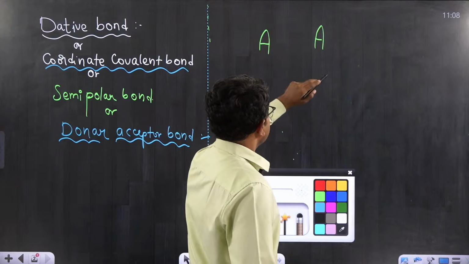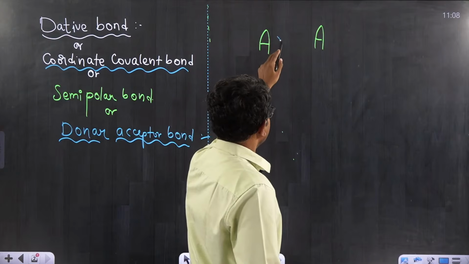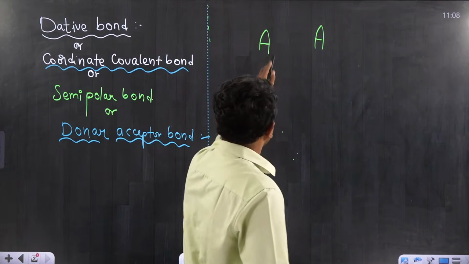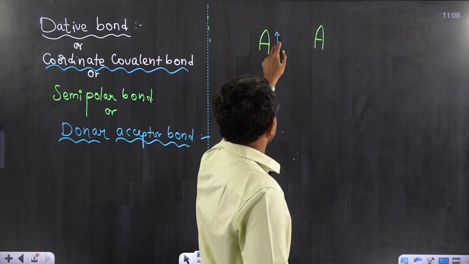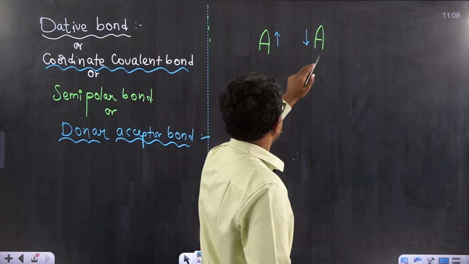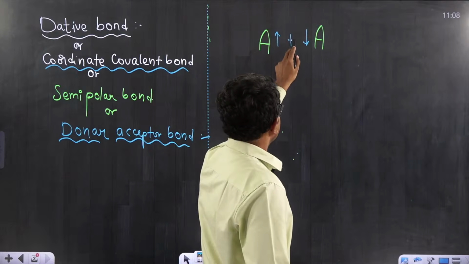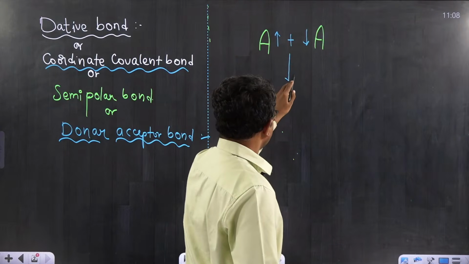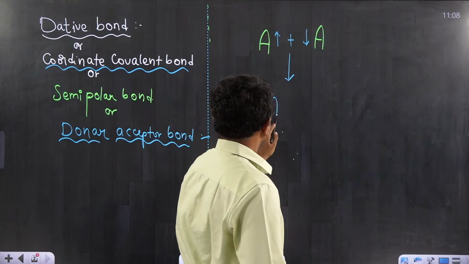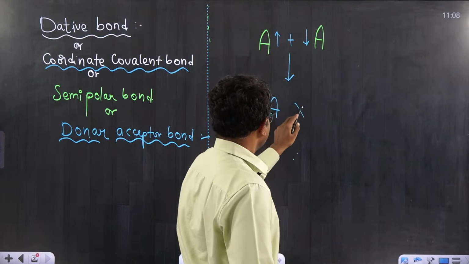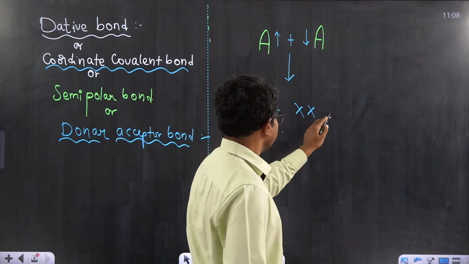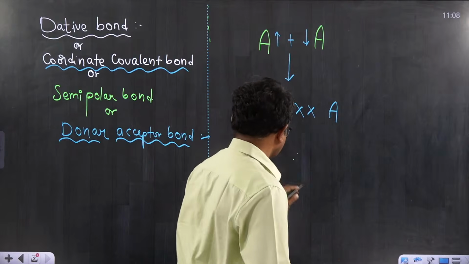Consider two atoms coming close together with electrons of opposite spins. These two atoms combine and form a covalent bond by mutual sharing of electrons.